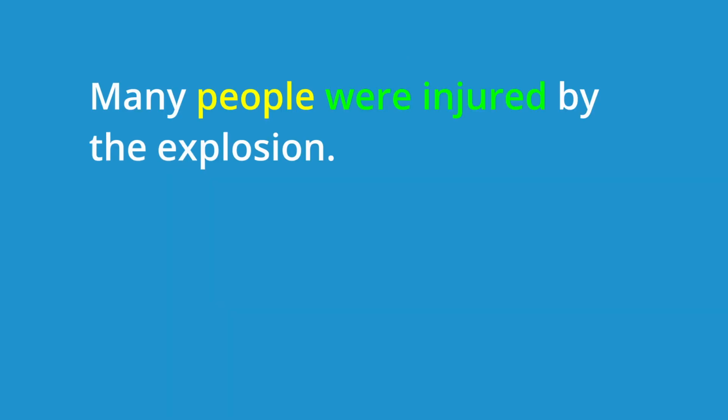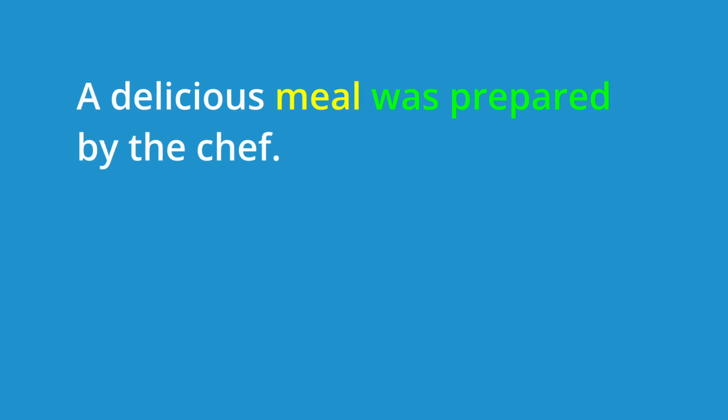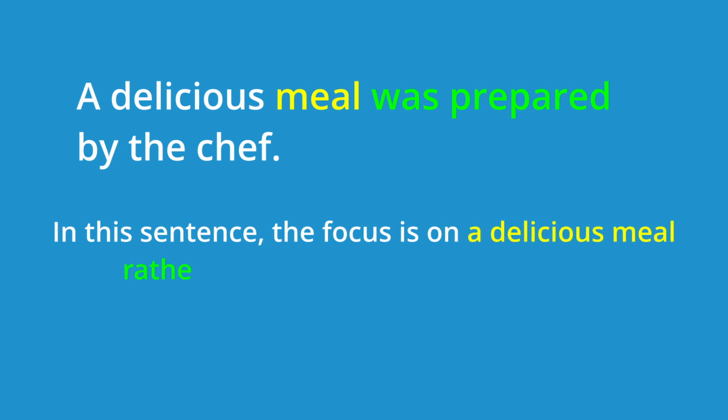For example, many people were injured by the explosion. In this sentence, many people are highlighted rather than the explosion. A delicious meal was prepared by the chef. In this sentence, the focus is on a delicious meal rather than the chef who prepared it.